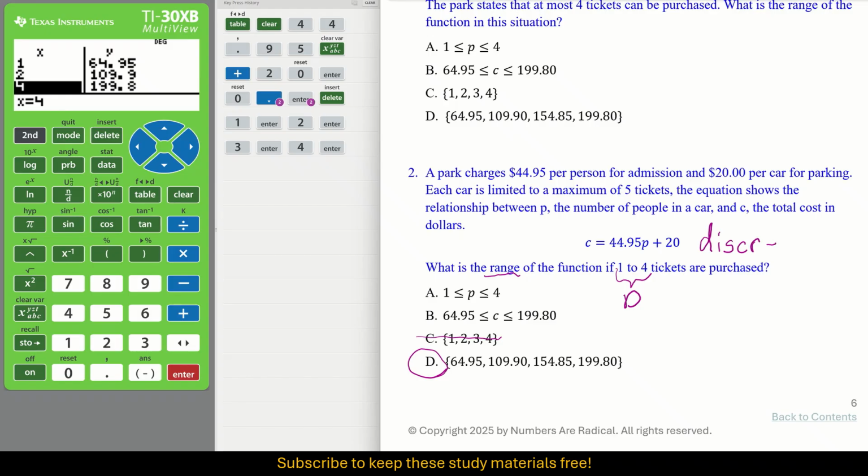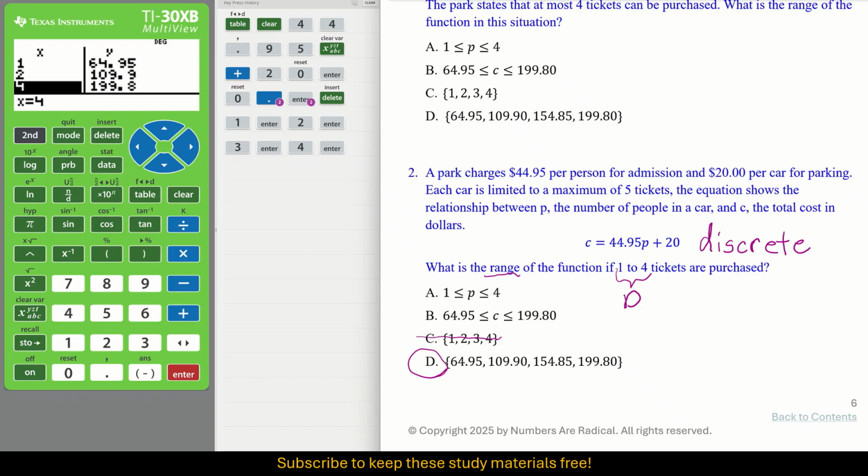And I alluded to that when I said we do not sell half a ticket for half a person. And also, my students always make me laugh because they want to put part of a person on a bus or in a car. They don't think about the real world situation. Well, that would be continuous. That is why A and B are incorrect.